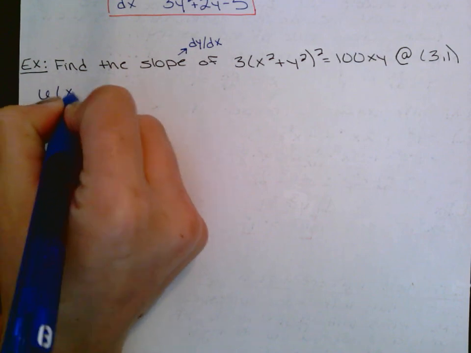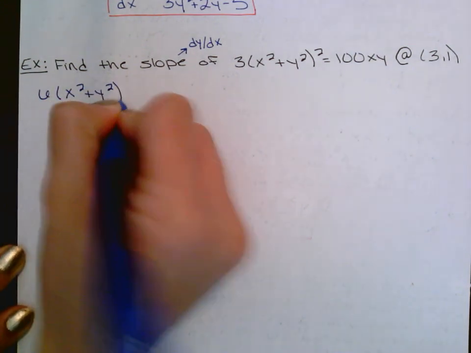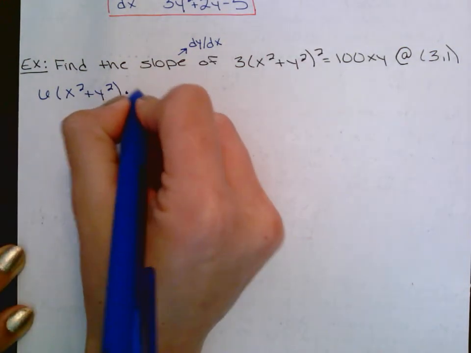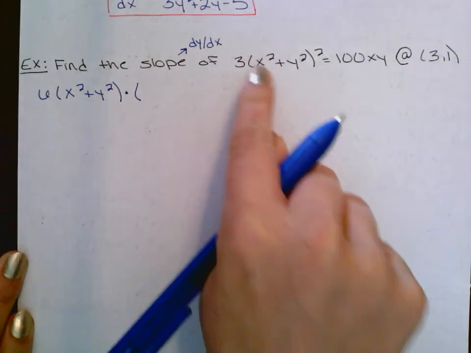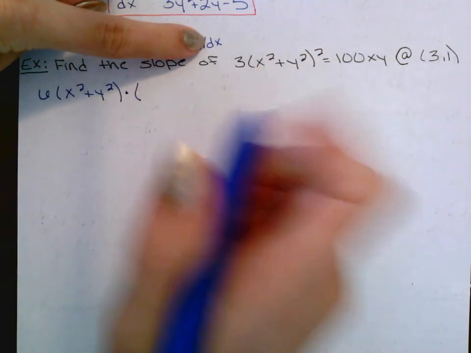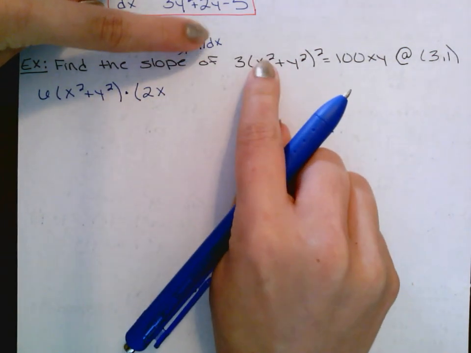I'm going to rewrite the inside. I'm not doing the derivative. Subtract 1 from 2, so it becomes 1. Times, now I have to do the derivative of the inside. Derivative of x squared with respect to x is just 2x, and then I get to skip implicit because it's the same variable.